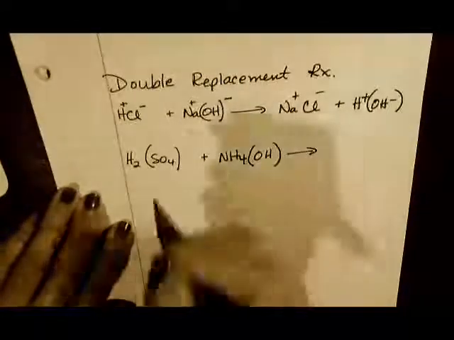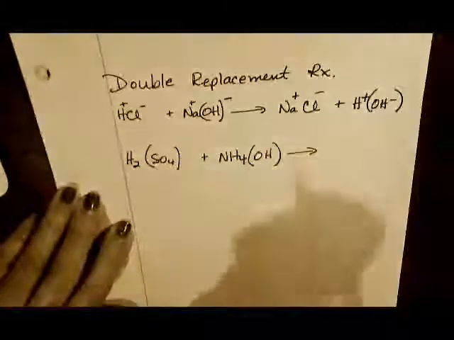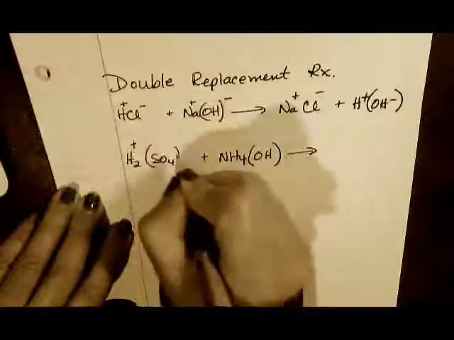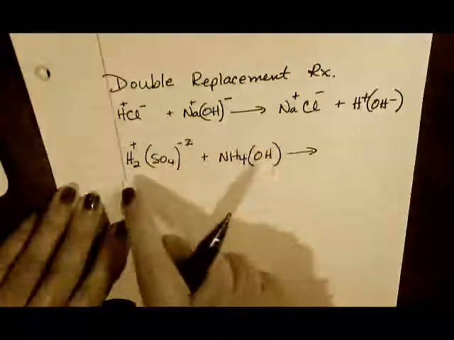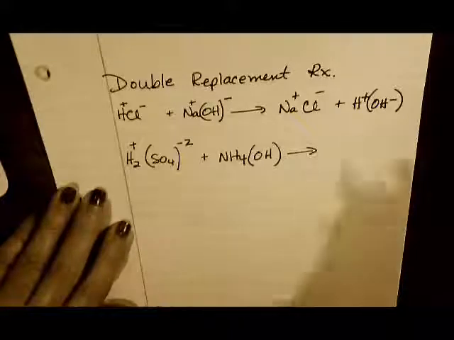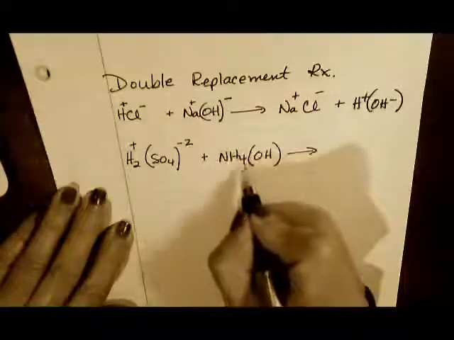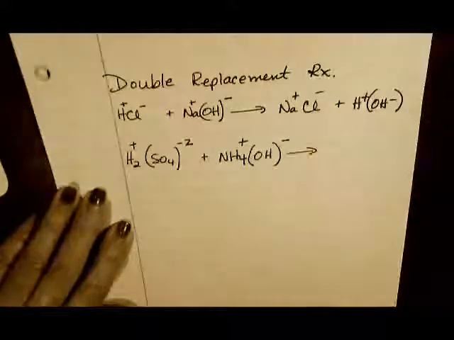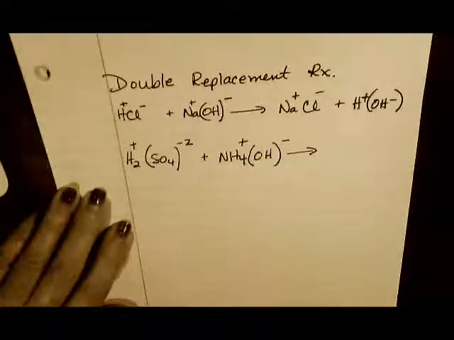Okay, so assign the charges. H positive, SO4 negative 2. That's reverse crisscross. Ammonium is positive 1 and hydroxide is negative 1. You can navigate these charges through table E.